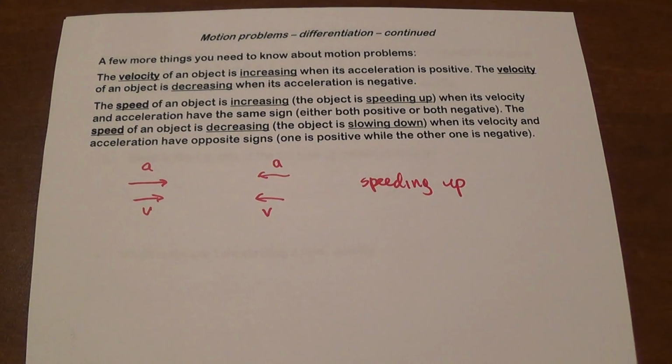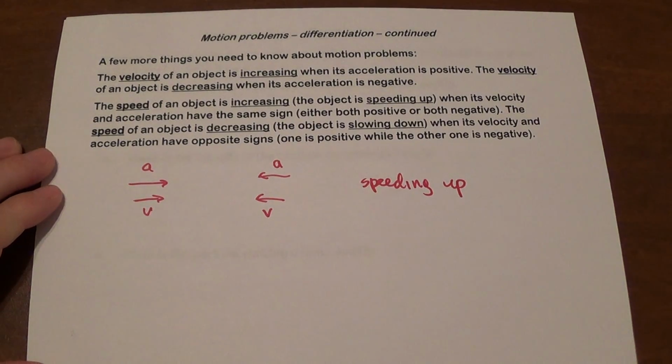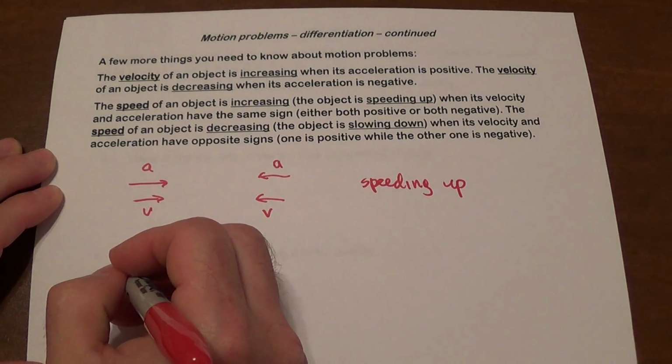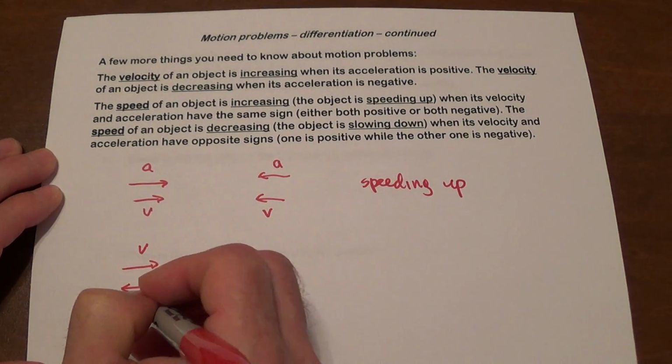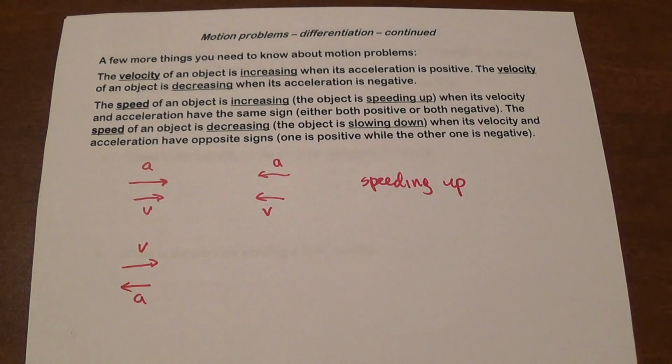The speed will be decreasing, or the particle will be slowing down, when the acceleration and velocity have opposite signs. So let's say you have positive velocity but negative acceleration. The best example I can give you here is, you're driving on the road and all of a sudden you see up in the distance that the light is turning red, and you're getting close to it, so you're going to start slowing down.